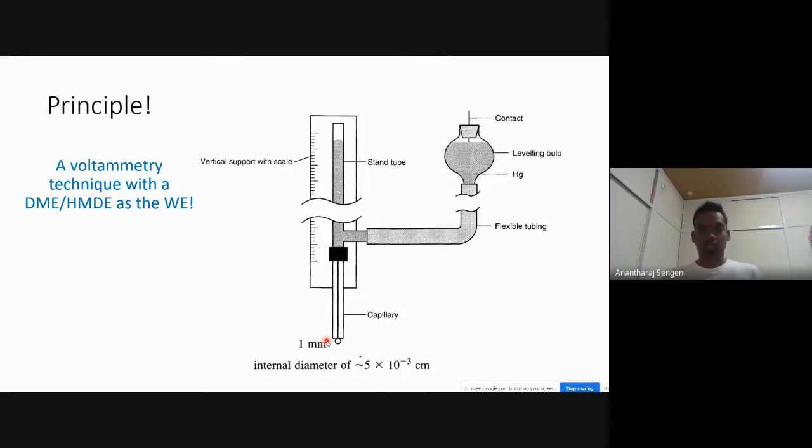Typically the diameter of this mercury drop is 1 millimeter, but the internal diameter of the capillary is very small, usually on the order of 5 times 10 to the power minus 3 centimeters. That makes it possible to make a very closely, nearly spherical electrode, which is not possible with any other metal.